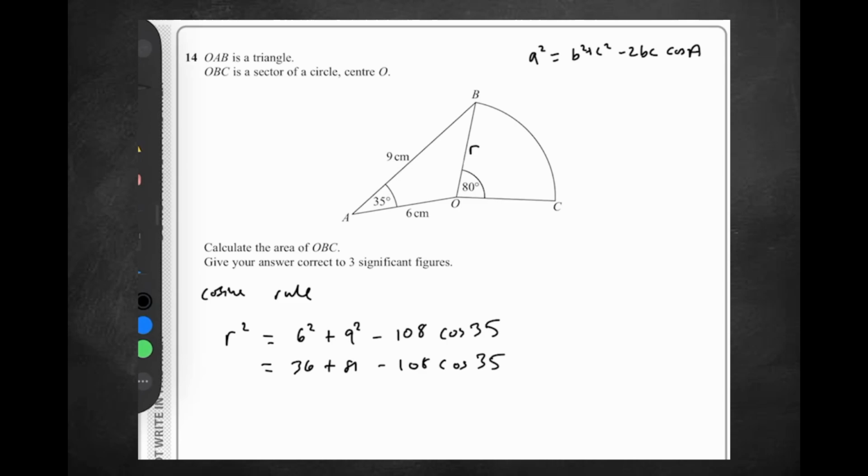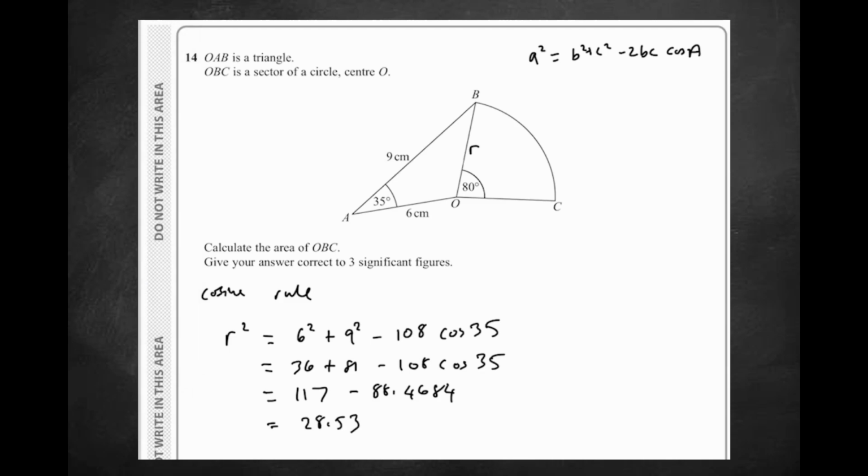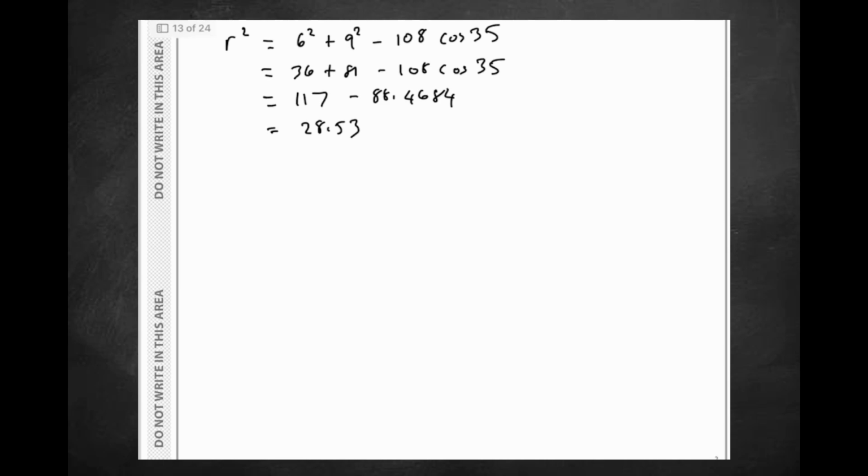Put all this in my calculator. So 108 cos 35 is, let's just say this is 117 minus 88.464. So 117 minus 88.464 is just 28.53. And we'll scroll down.